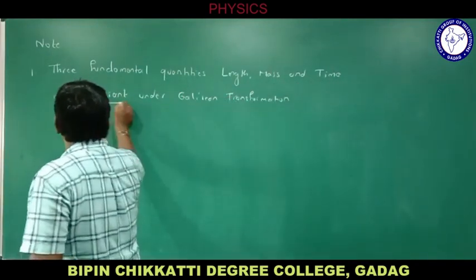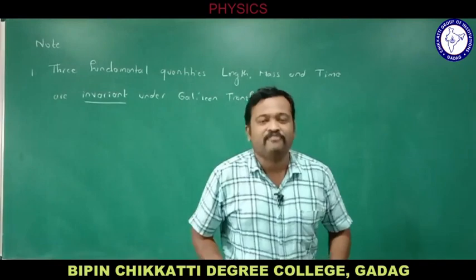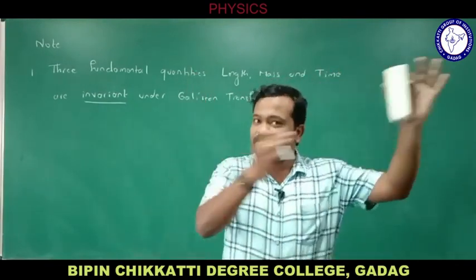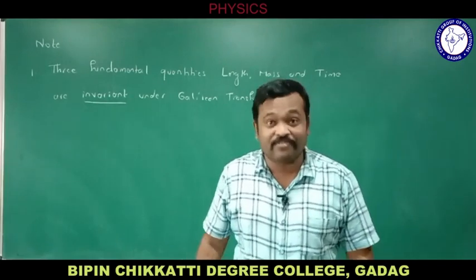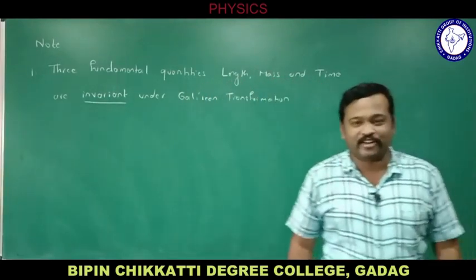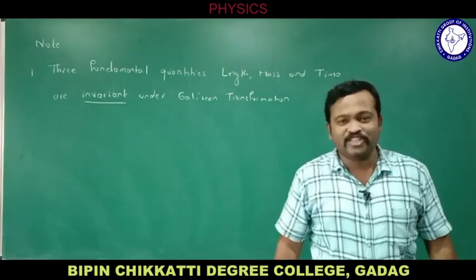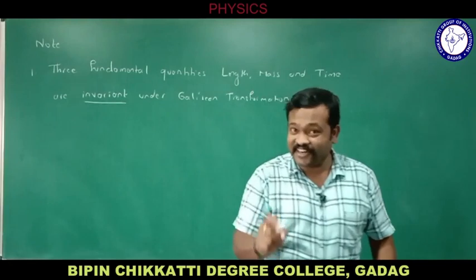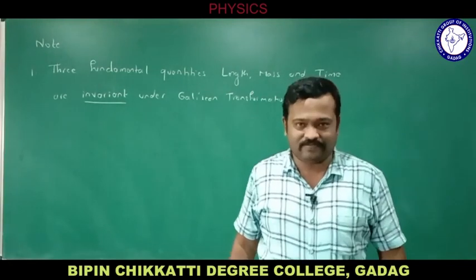Invariant means they do not change when the inertial frame of reference changes. If you change from one inertial frame of reference to another, length will not change, mass will not change, and time will not change. That is why I call them invariant under Galilean transformation, right?